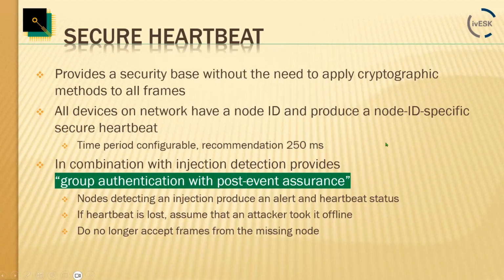And if the attacker took you offline, then you cannot communicate this to the others. And therefore, we need this secure heartbeat. If the attacker takes a device offline and kills it, then it will run into the heartbeat timeout. It will stop producing the secure heartbeat. And we can see that for quite a few applications, such a low level with a delay is acceptable.